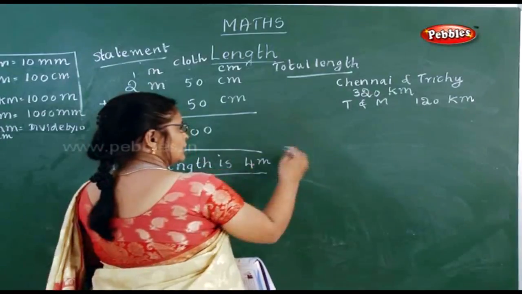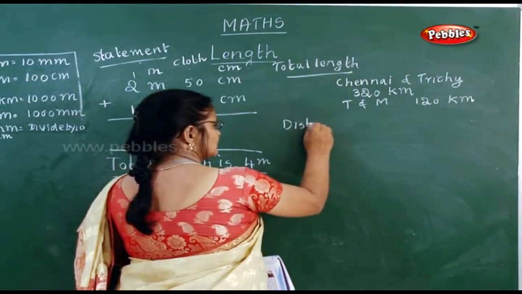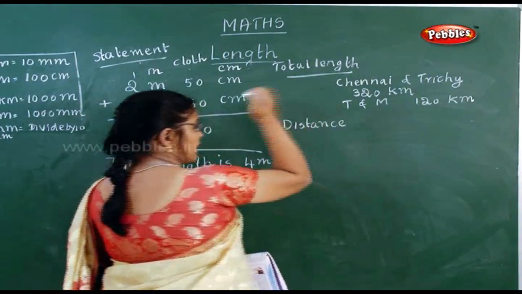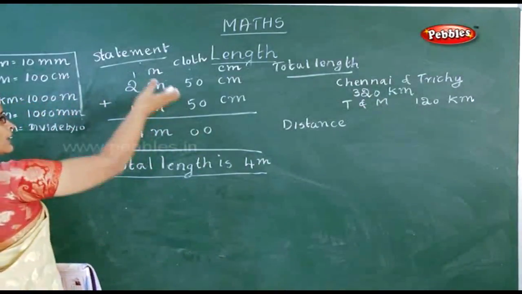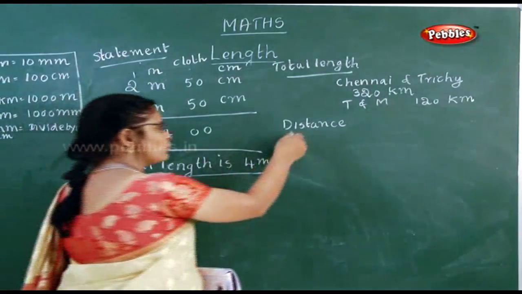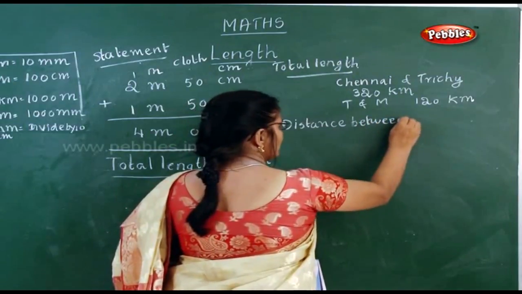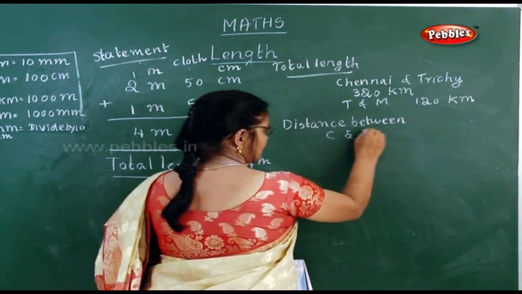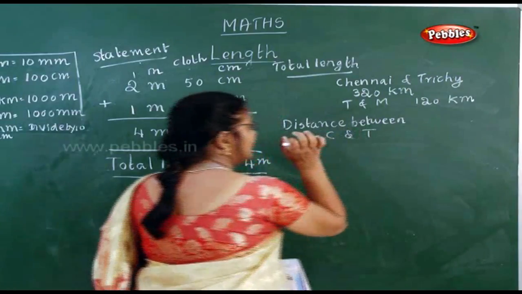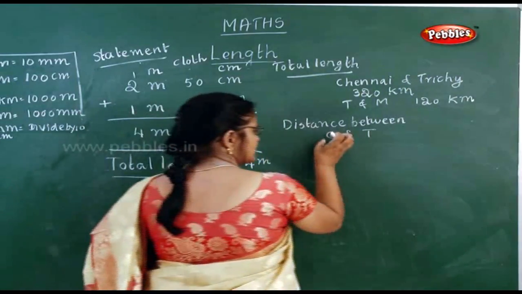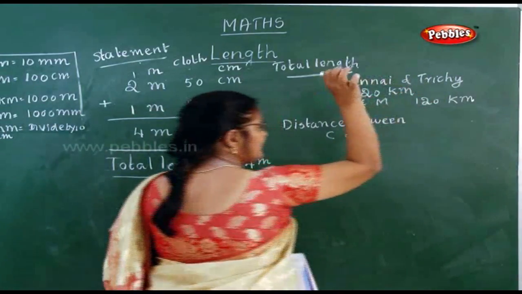How will you do this? See, these are all what you call statement sums. You can't just write like that. You have to write with statements. So the distance between Chennai and Tiruchi. I am sorry, I am making it C and T, but you are not supposed to write C and T, you are supposed to write Chennai and Tiruchi.